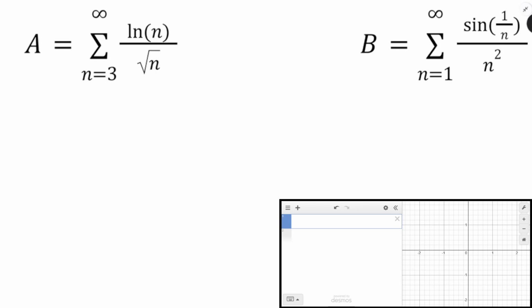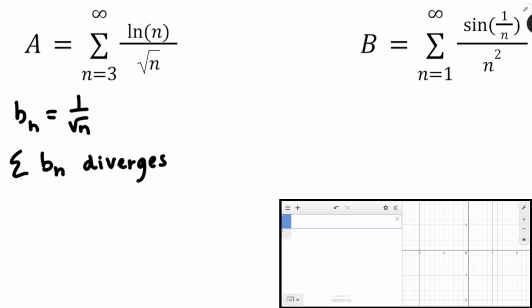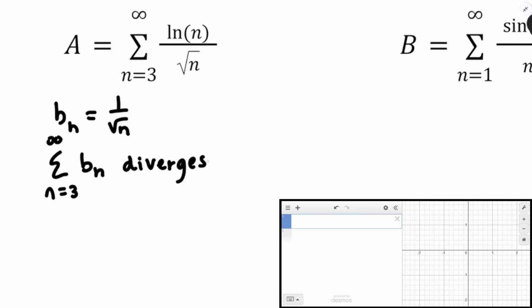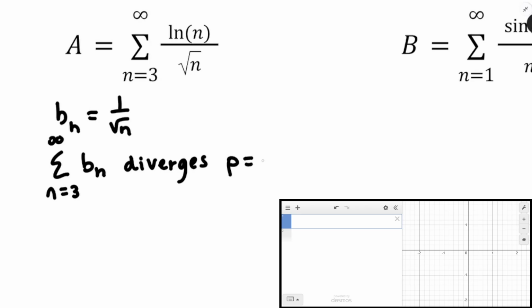Okay, so I'm going to say let bn equal 1 over the square root of n. The sum of bn diverges, and I'm going to put the indices. P-series test, p equals 1/2, which is not greater than 1.